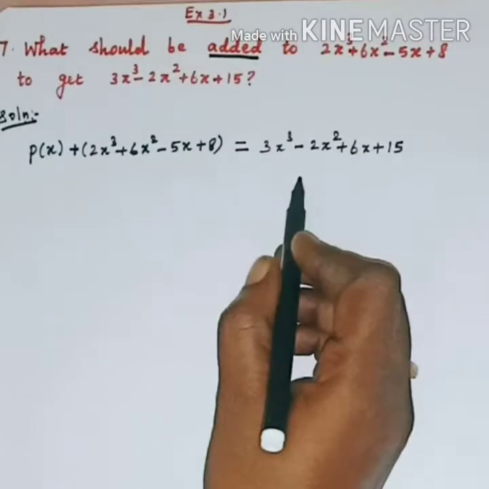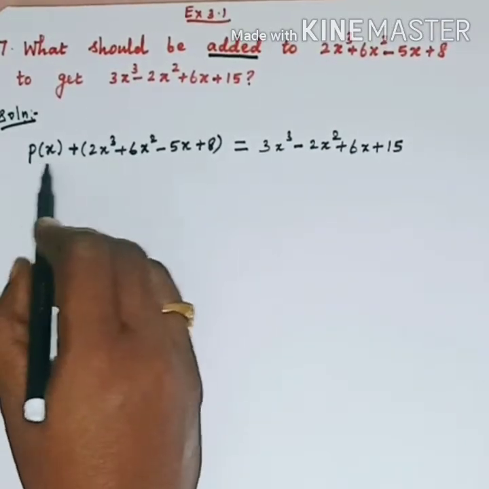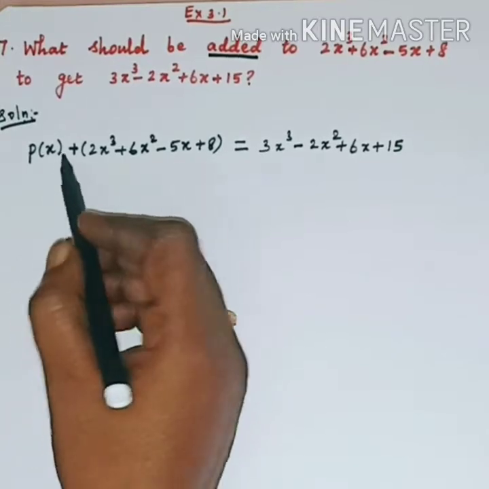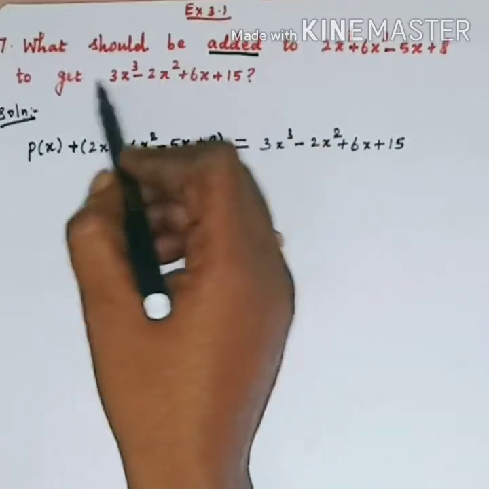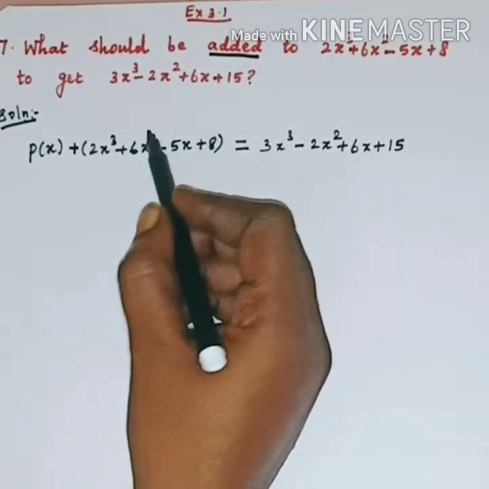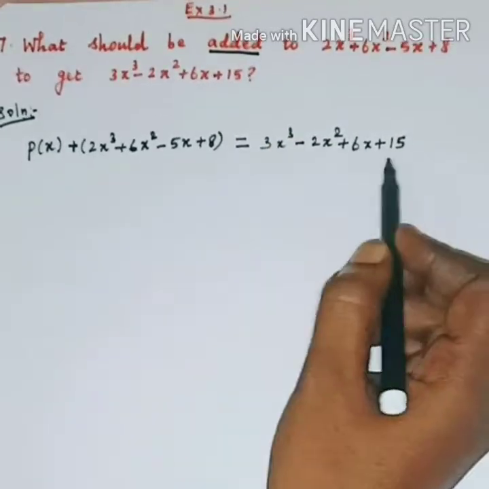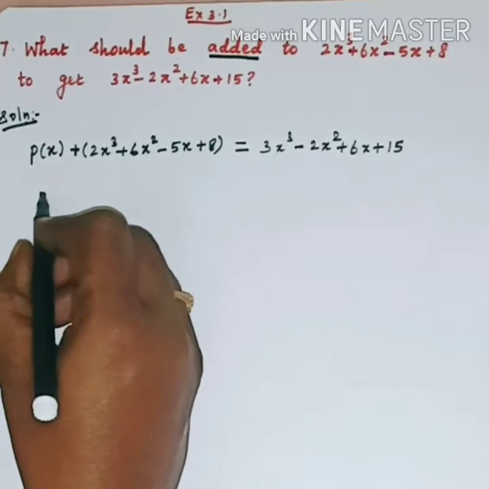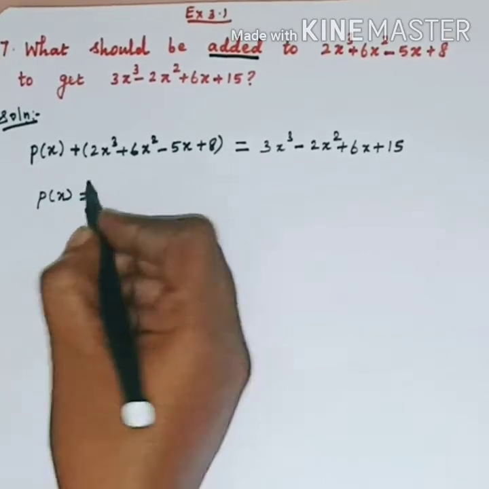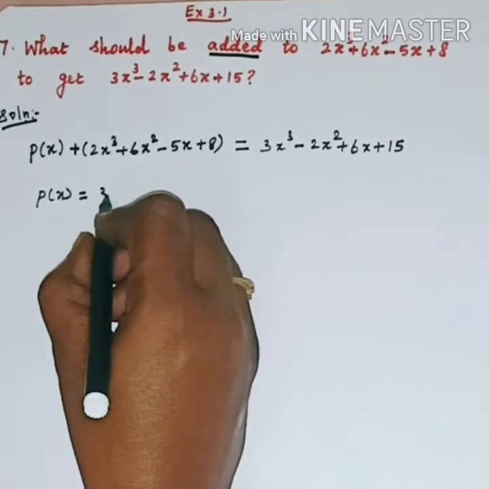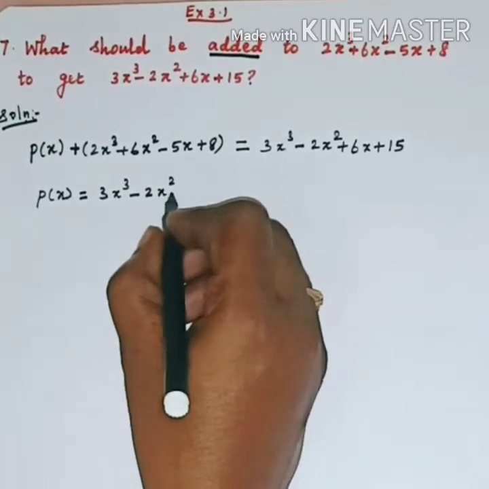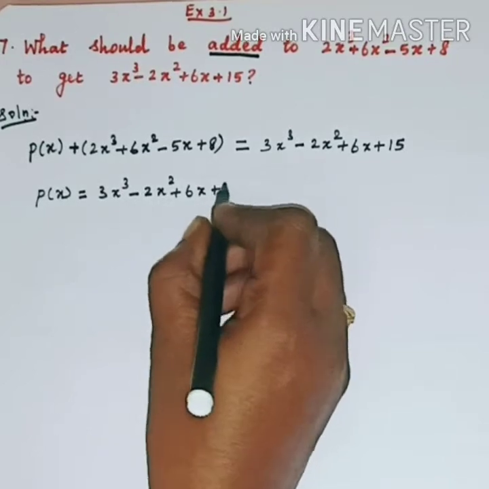Now, we have to find the value of p of x. In this sum, they have given the statement, so we have changed this statement into an expression. So, p of x is equal to, write this expression as it is, 3x cube minus 2x square plus 6x plus 15.